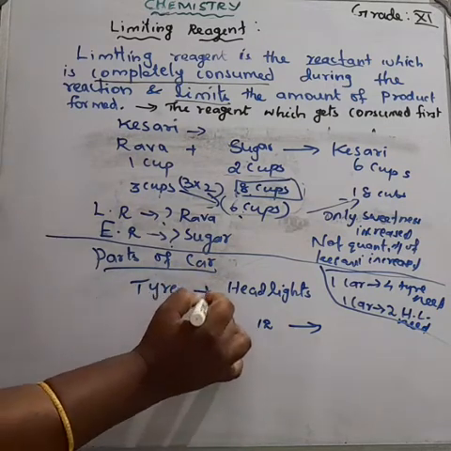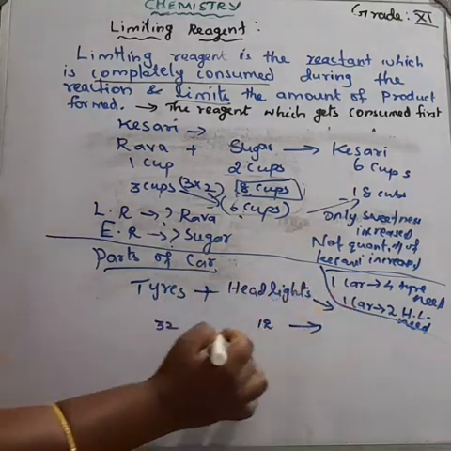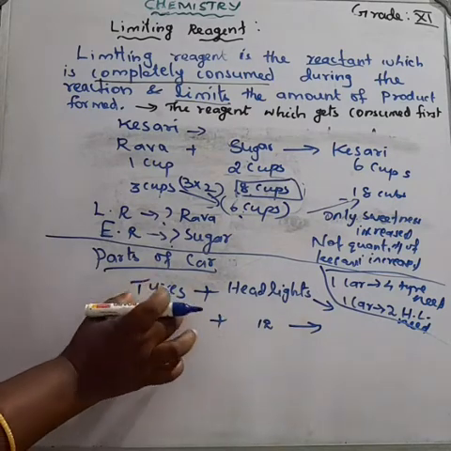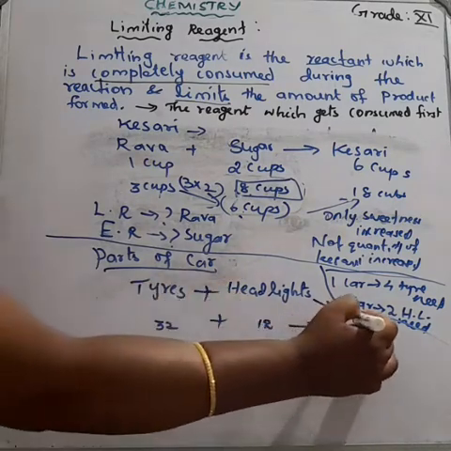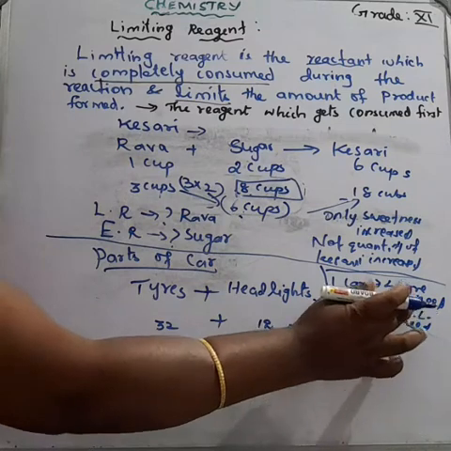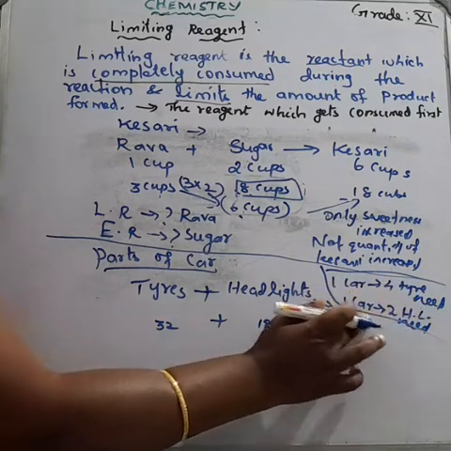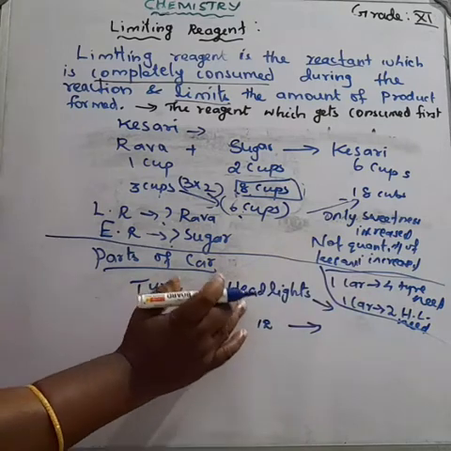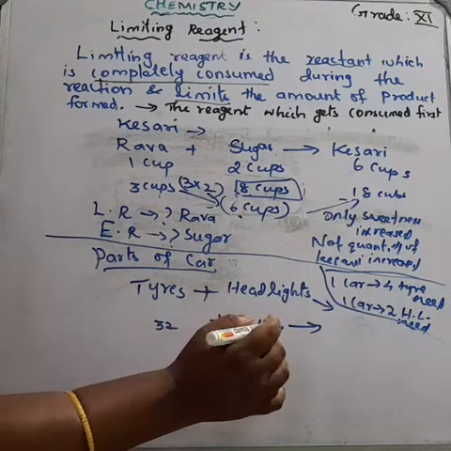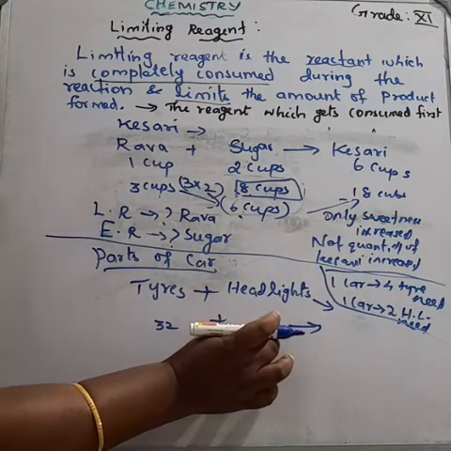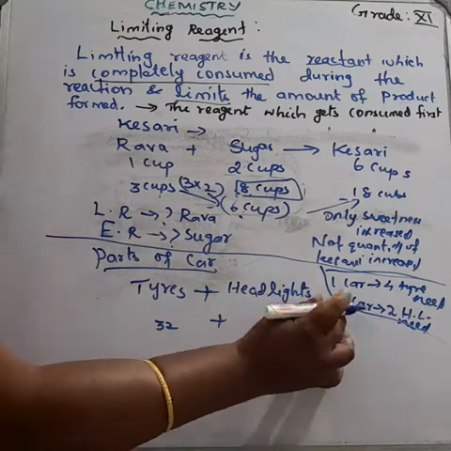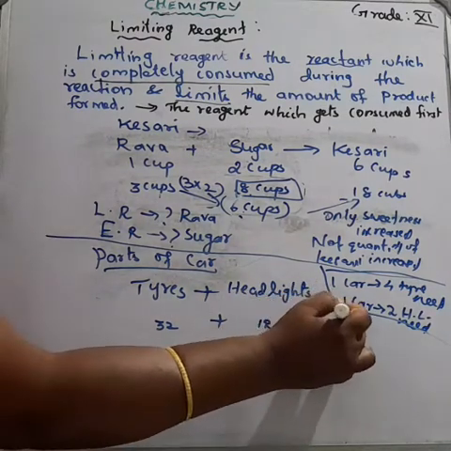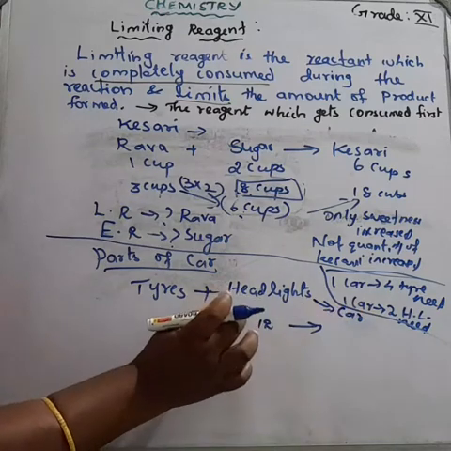If you are to prepare one car, 4 tires we need and 2 headlights we need. Understood? So for the 12 headlights, we can prepare how many cars? Each car needs 2 headlights.